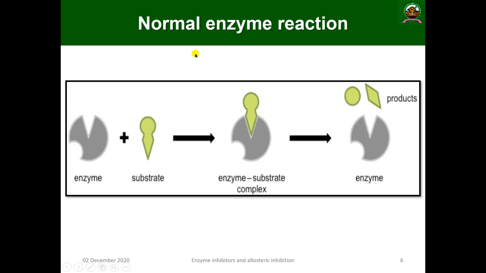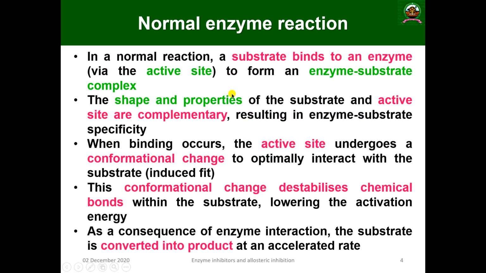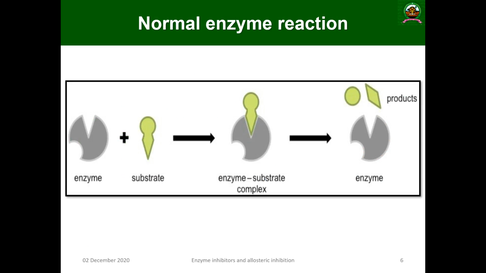So this is what I have told you once again, whatever we have discussed here, the normal enzymatic reaction. This is the enzyme. Here you can see the substrate, and here the enzyme substrate binding. So what will happen? The substrate will specifically bind to the binding site, the pocket. This is known as the enzyme substrate complex.